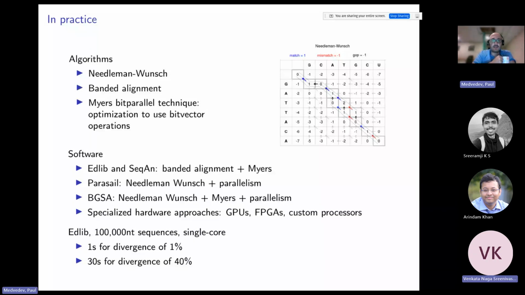The reason it's faster, if you think about the banded alignment I described, is that if the edit distance is small, then right away we'll find it in the first band. The bigger the edit distance, the more time it's going to take, and that's what the divergence is saying.